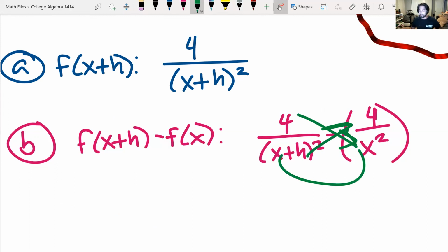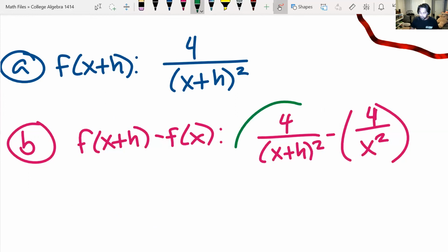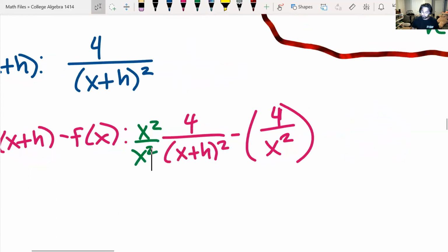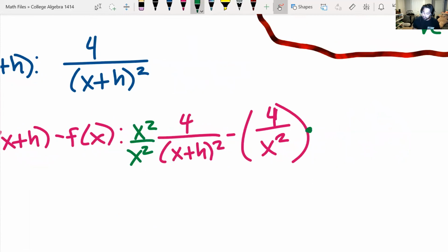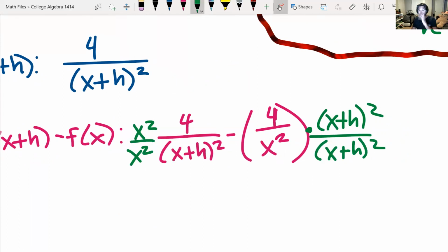So cross, smile, right? Which means I'm gonna take this fraction and multiply it by that denominator. So I'll have x squared over x squared, and then this fraction multiplied by x plus h squared over x plus h squared. There we go.